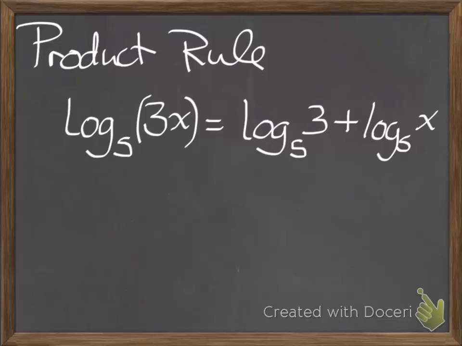So the product rule says I can expand it out. This is the expanded form. This is the condensed form.